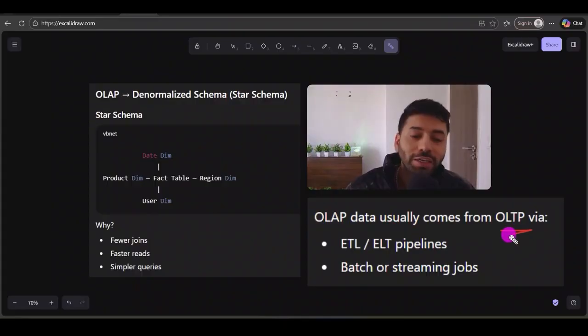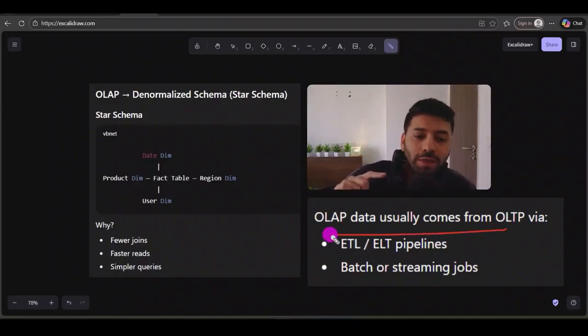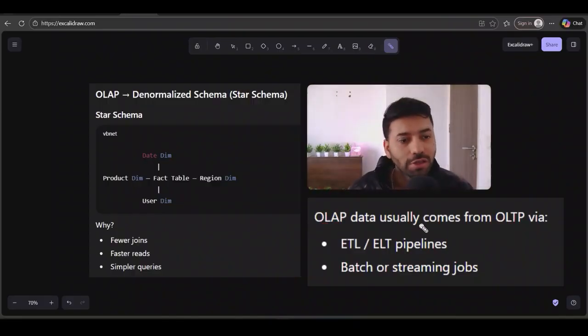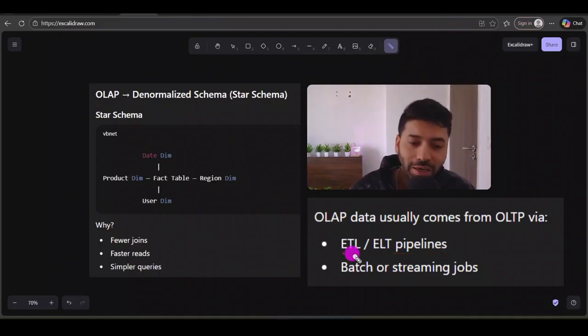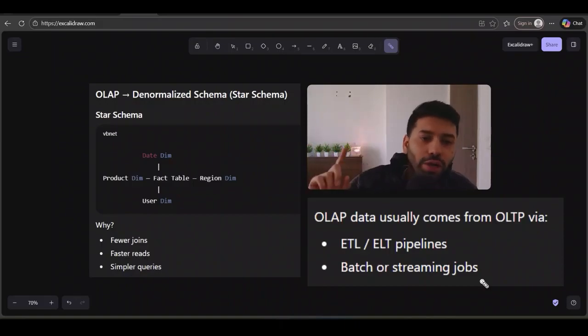Because OLTP is used for your transactions, running the business, so it will have the data, and then from OLTP we give the data to OLAP for analytics operations. And how do we do that? We do that using pipelines like ETL or ELT, or you can also use batch or streaming jobs. So here a message queue like Kafka can also be used. So basically you will get the topics here, and then those can be consumed by OLAP.